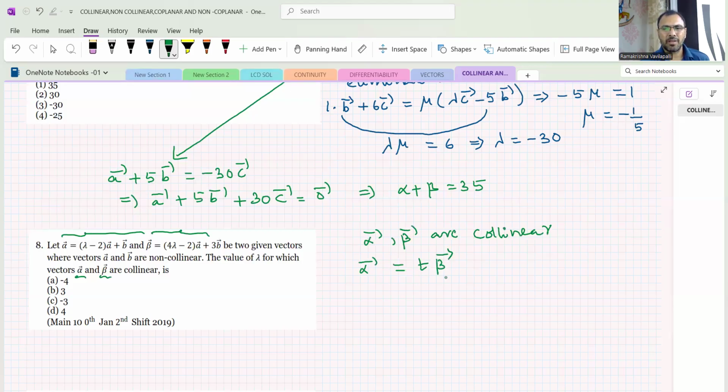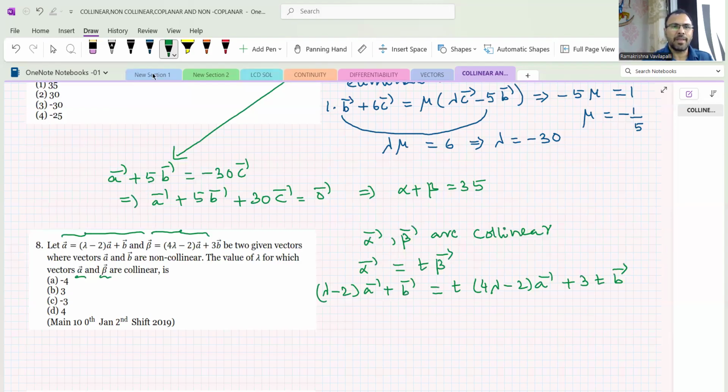Now what is alpha bar? Substitute alpha bar: lambda minus 2 into A bar plus B bar equal to, substituting beta bar, t into 4 lambda minus 2 into A bar plus 3t B bar vector.